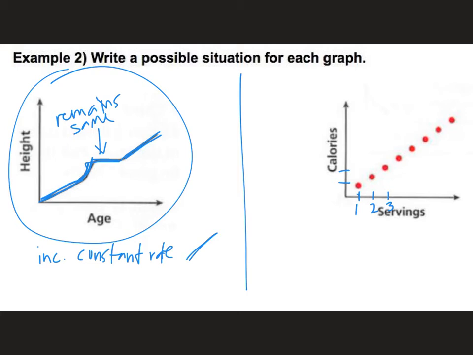If the answer is yes, I think this graph could also be continuous if we wanted. So we could make an argument for, is this person eating parts of servings, or is this person eating just 1 serving, 2 servings, 3 servings right on the dot? So that's going to be some of the great conversations we get to have with continuous versus discrete examples. Sometimes it can go both ways.